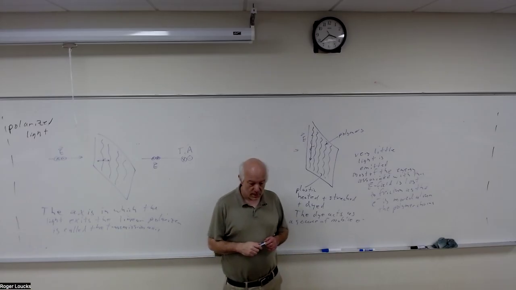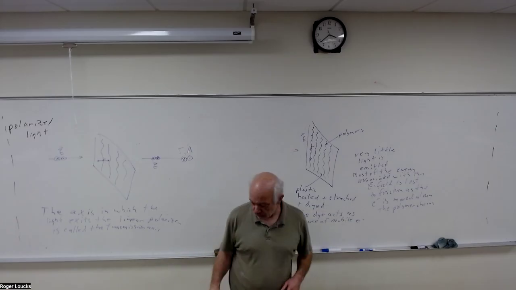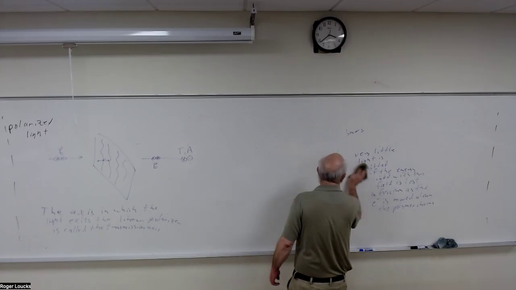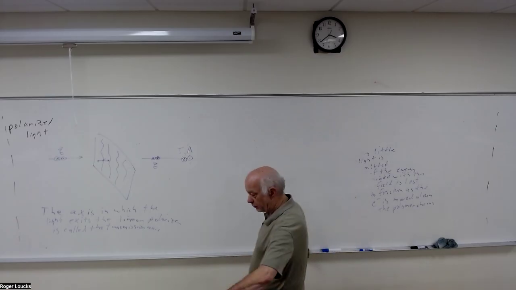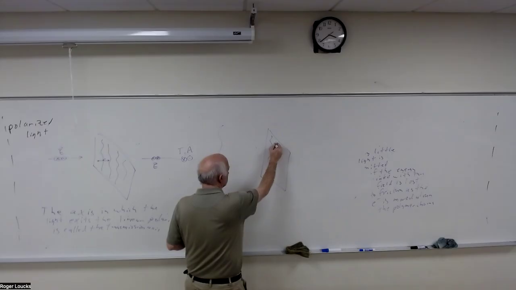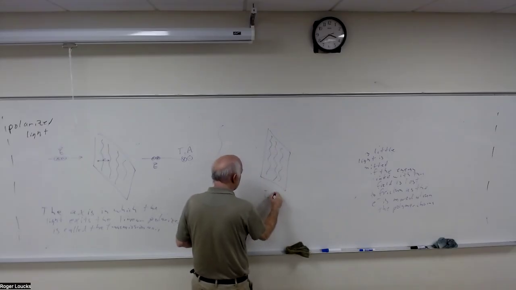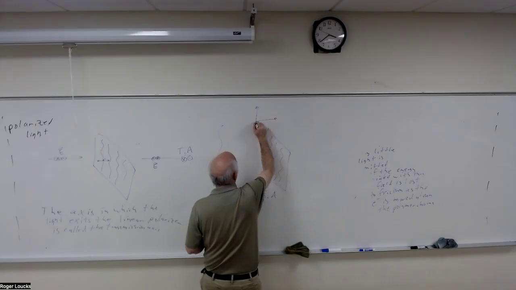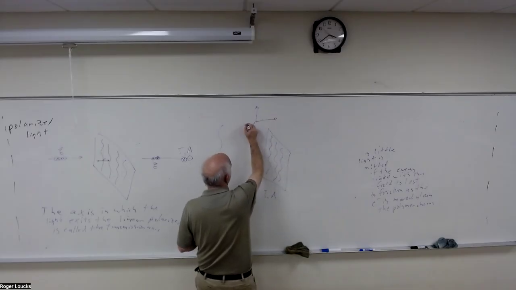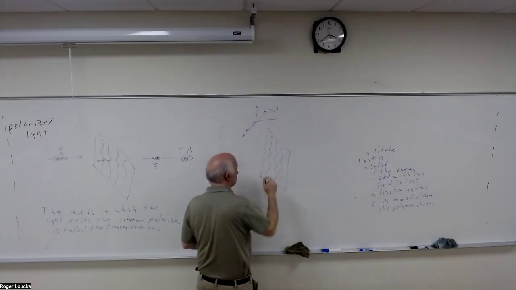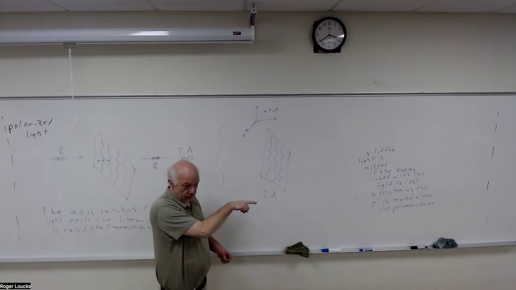That makes sense? Now, what would happen if I had two linear polarizers like this? I have one linear polarizer here, and it would have a transmission axis like this, meaning light can get through this way.